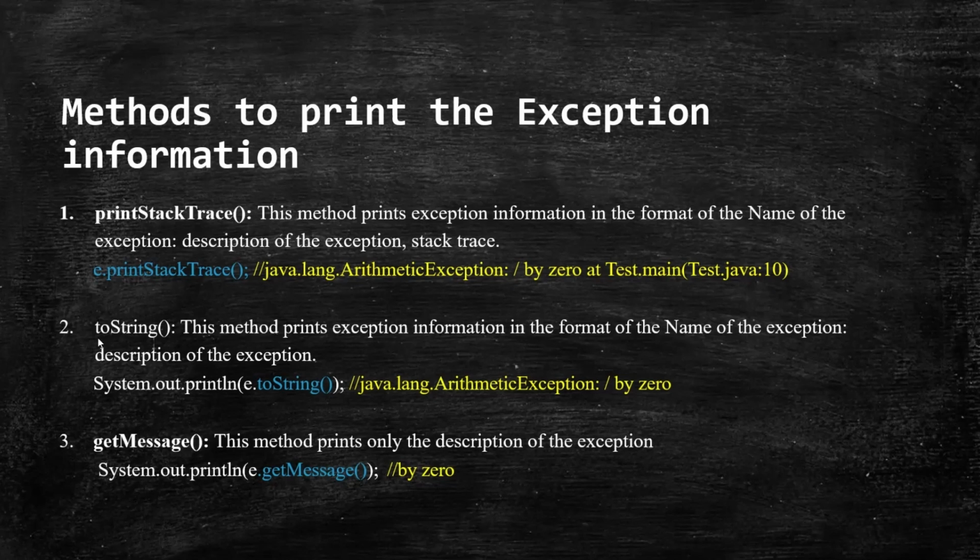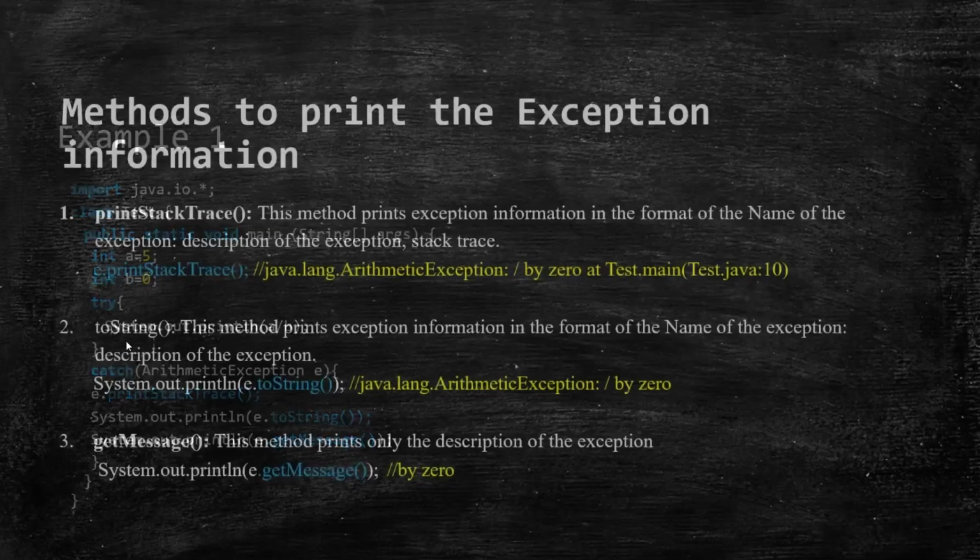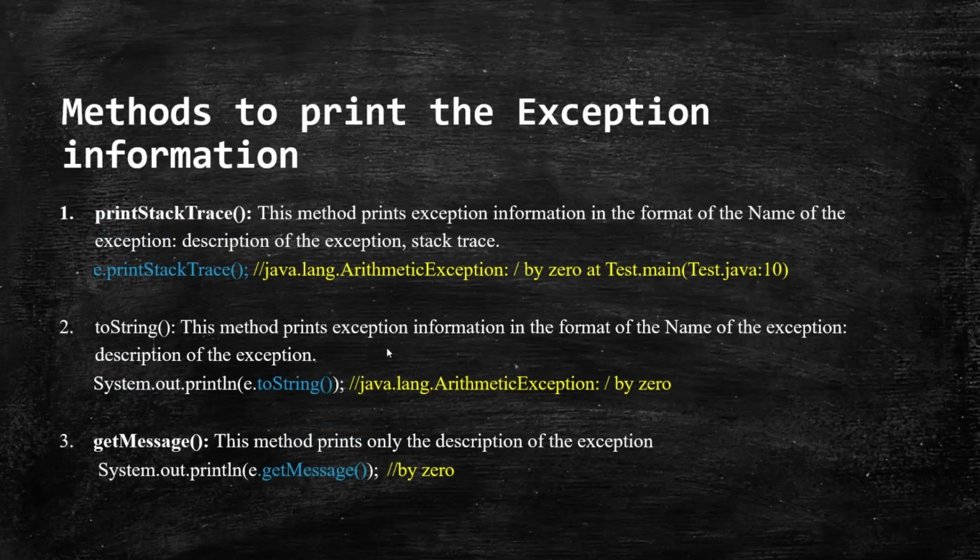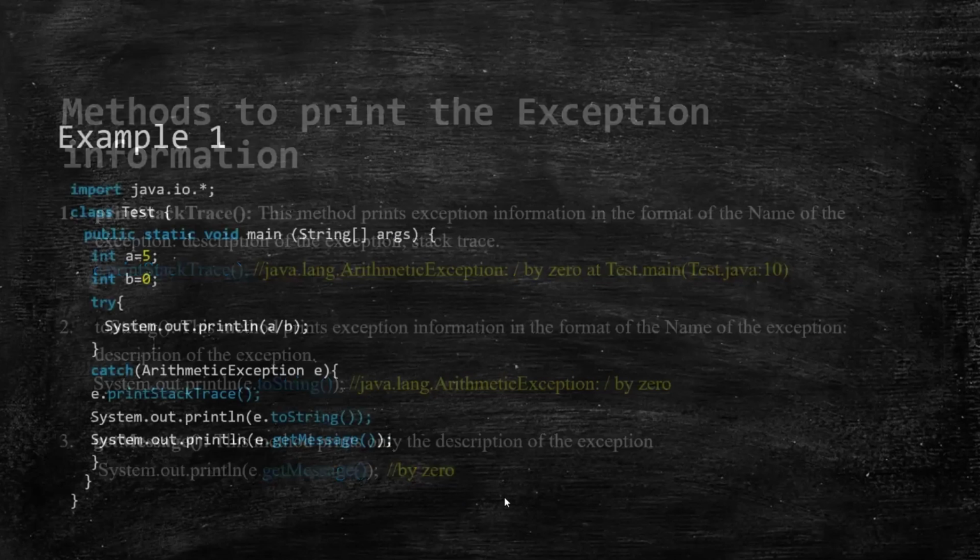Another method is toString. This method prints exception information in the format of name and description. That means when you use this syntax, you get only the name and the description. Here you can see ArithmeticException and the description, / by zero, in your output. Lastly, the getMessage syntax prints only the description of the exception.